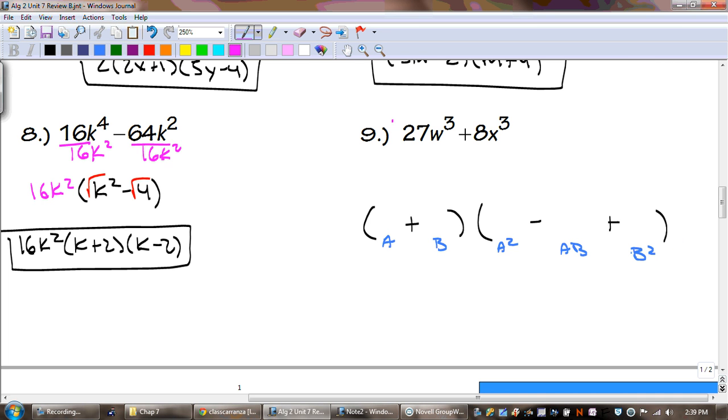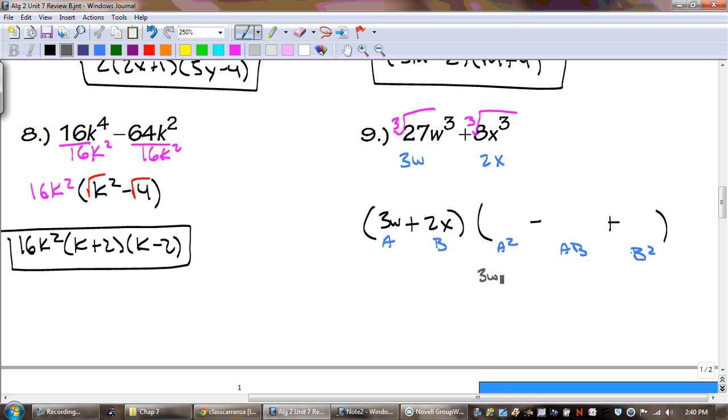And we take the cubed root of both of these, okay? The cubed root of 27 is 3w. Cubed root of the 8 is 2, and then the cubed root of x cubed is x, which is nice. So our first one is just the 3w plus 2x, okay?